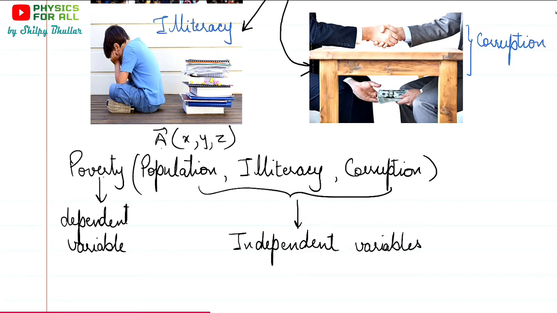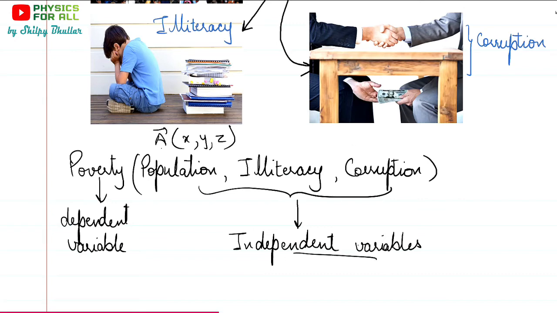Similarly, here poverty is dependent variable. So the partial differentiation of poverty will be with respect to all these three. So partial differentiation of poverty with respect to population, partial differentiation of poverty with respect to illiteracy, partial differentiation of poverty with respect to corruption. Just to understand, because we cannot combine all these three factors as these are independent variables.